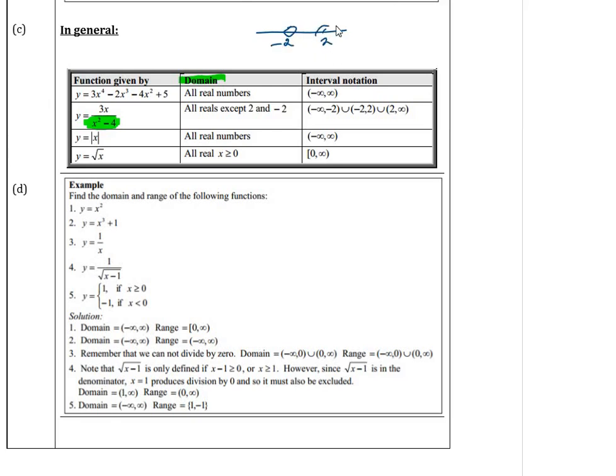Therefore, this will be true, this will be true, and this will be true. In other words, it will be from minus infinity to minus 2, from minus 2 to 2, and from 2 to infinity. That will be the domain, if I write it in interval notation. I can also say x can be anything, but x cannot be plus or minus 2. That's if I write it in set builder notation.